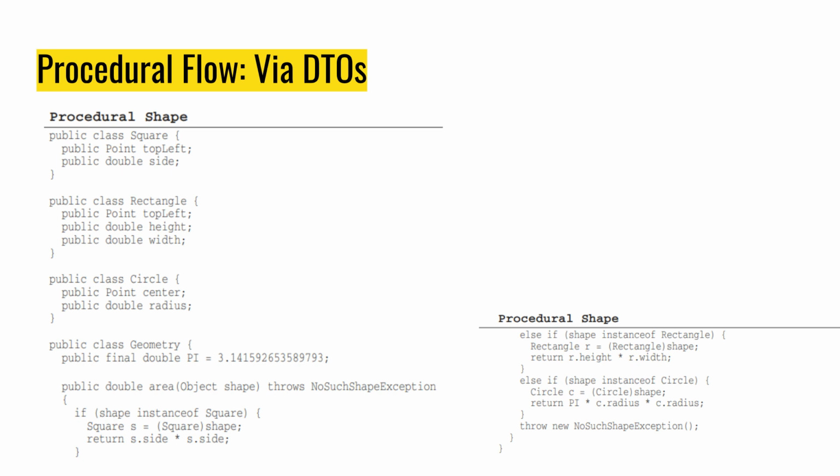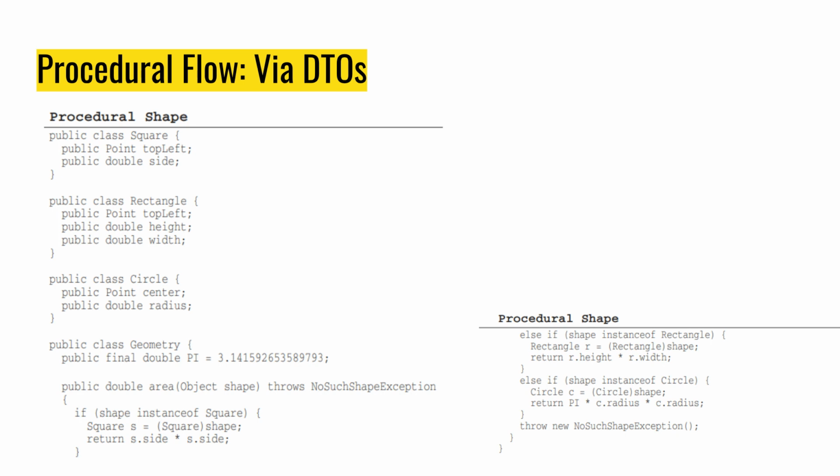So you have a square and rectangle and circle, and you need to count their area. And you count their area like that. On the left and right, you see both parts of the same code. It's taken from Clean Code by Robert C. Martin in a section where it talks about procedural flow.